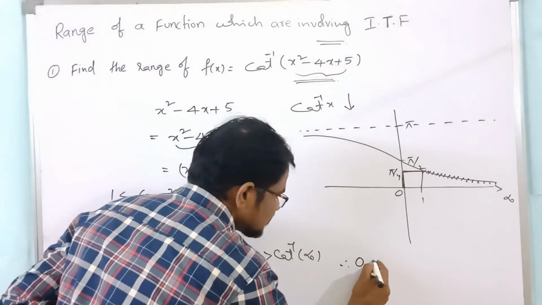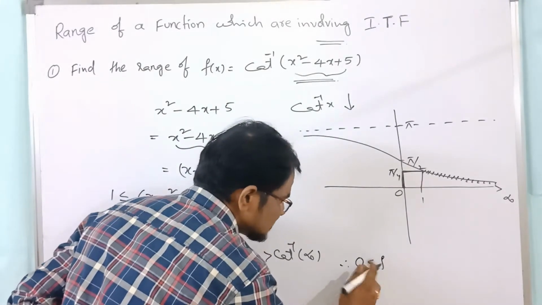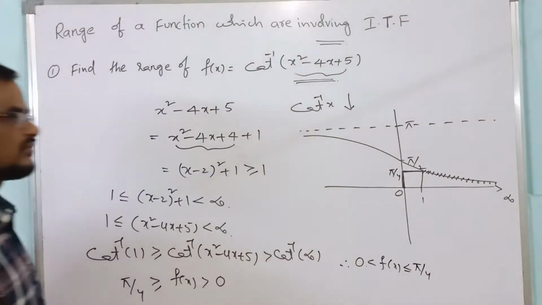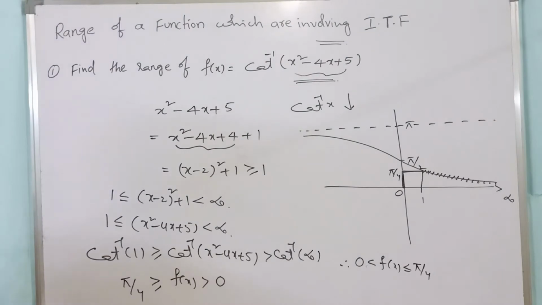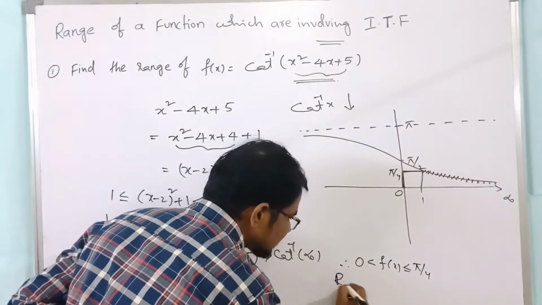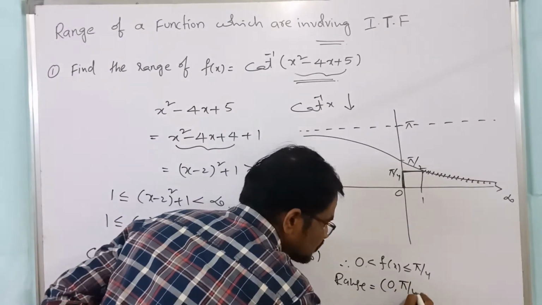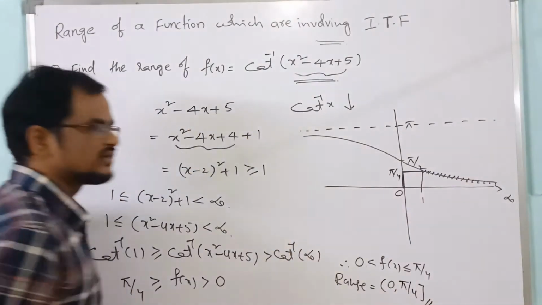Therefore 0 is less than f of x, which is less than or equal to pi by 4. What is the range of this function? Open interval at 0 and closed interval at pi by 4. Like this we have to find.